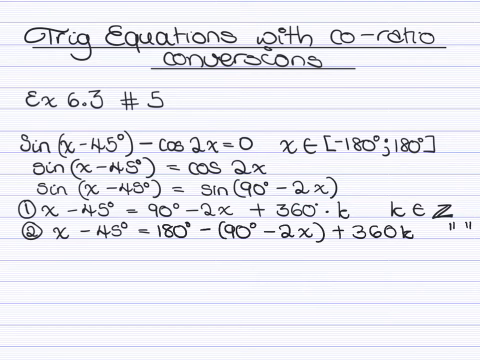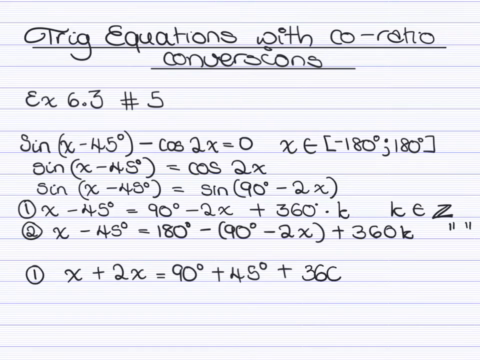So taking the first one, grouping all my x's on one side and my numbers on the other side. You had −2x on the right-hand side of the equation. I bring it over, it becomes x + 2x, and I'm going to take the −45° over, it becomes 90° + 45° + 360k.